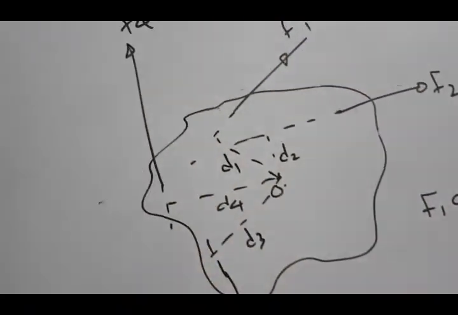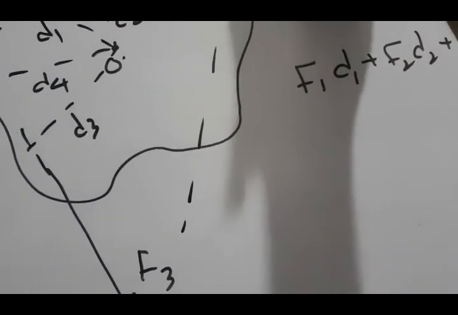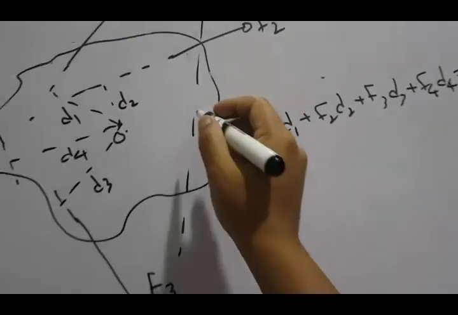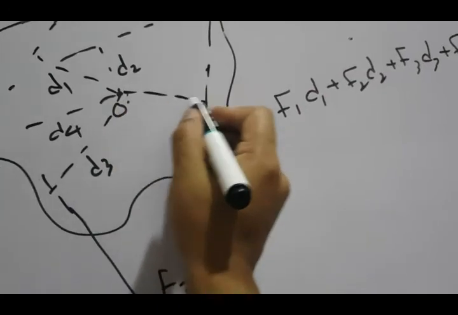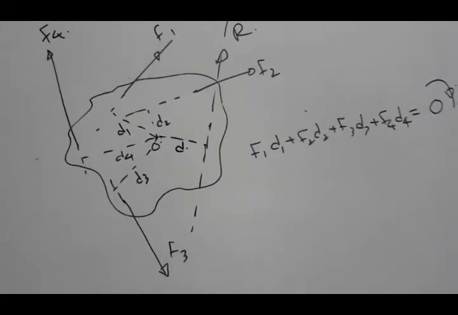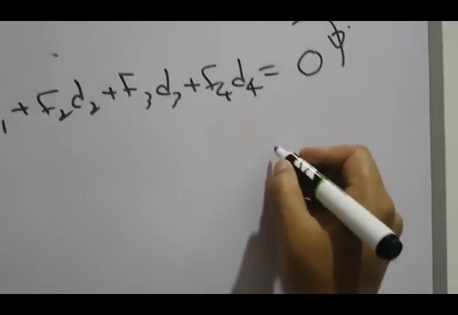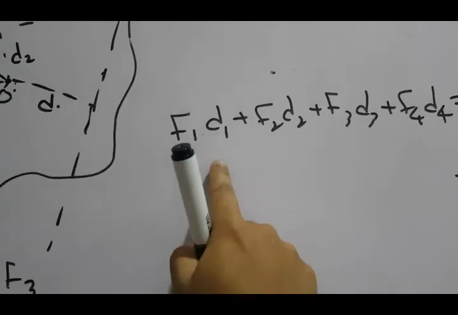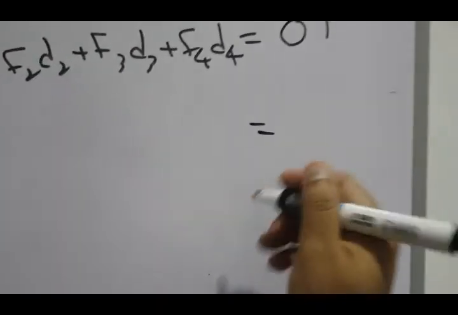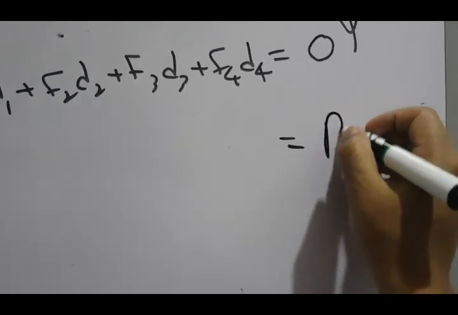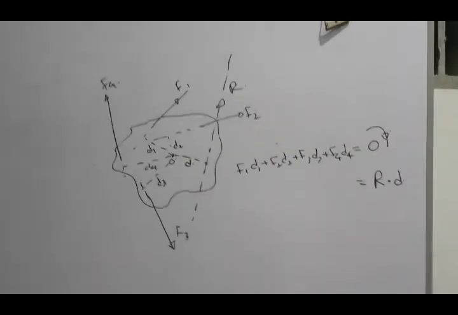Let's say the resultant of each of these forces goes like this. So this is the line of action of the resultant force. Let's say the perpendicular distance to that line of action from the point O is d. So the general principle says that the algebraic sum of the moments by each of these forces is equal to the moment created by R about that point, R into d, right? So this is the general principle of moments.